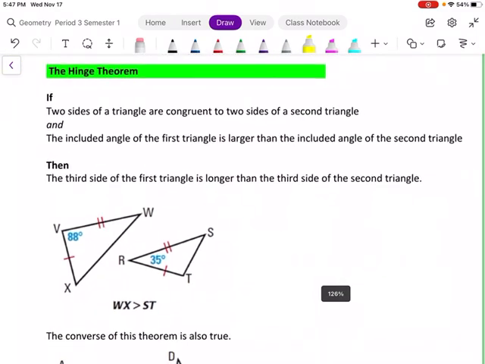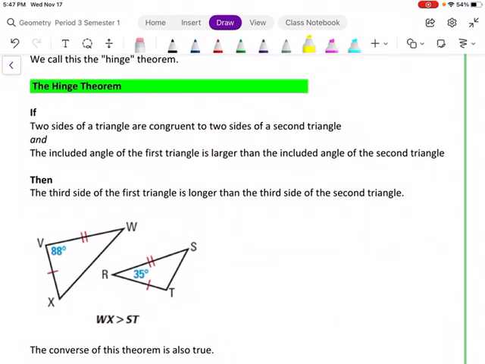So what the hinge theorem is: if two sides of a triangle are congruent to two sides of a second triangle, and the included angle of the first triangle is larger than the included angle of the second triangle, then the third side of the first triangle is longer than the third side of the second triangle.